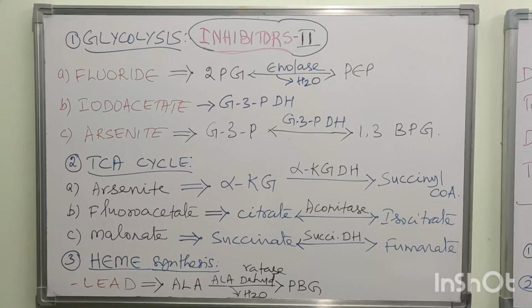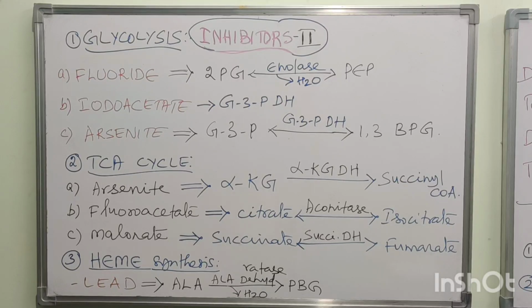In glycolysis we have 3 inhibitors, which will block or affect the enzyme and also affect the pathway, right? First one is fluoride.